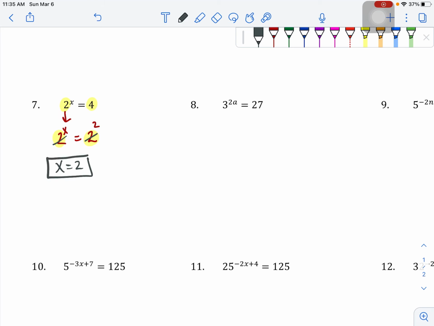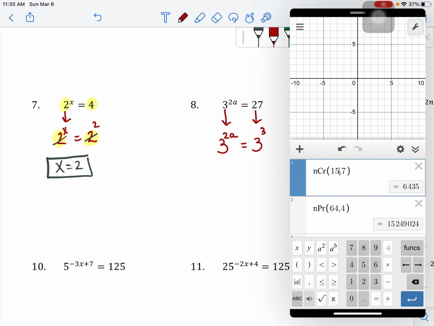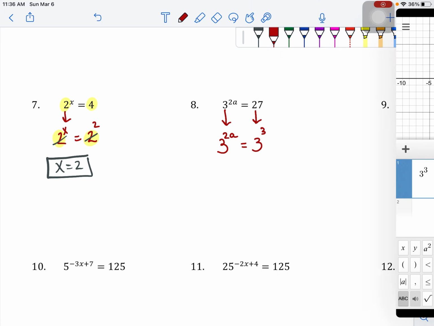Let's do that again. We have a 3 and a 27. I think I'm going to leave the 3 as it is, 3 to the 2a. But 27 is really 3 to the 3rd. So you kind of play around in your calculator, and you're like, can I make the 27 like the 3 base? 3 to the 1 is 3, 3 to the 2, 3 to the 3, and we get that.